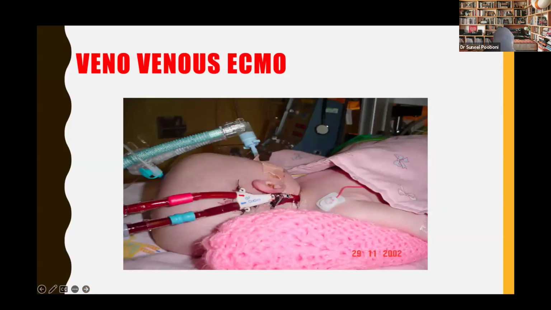So here is a double lumen single cannula in place in the right atrium via internal jugular vein. The insertion of the cannula is done by either intensivist or surgeons. The least available size is 13 French only.